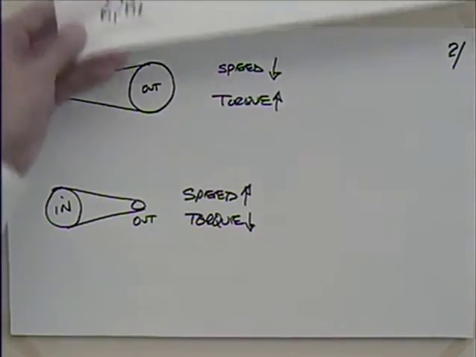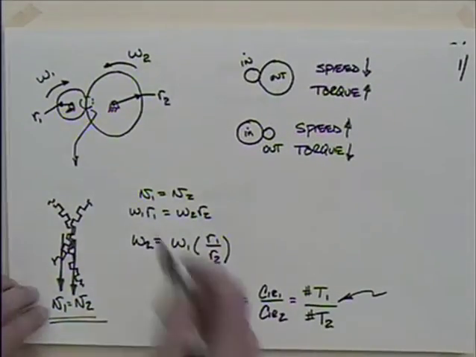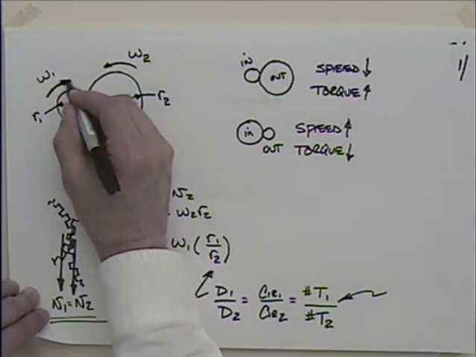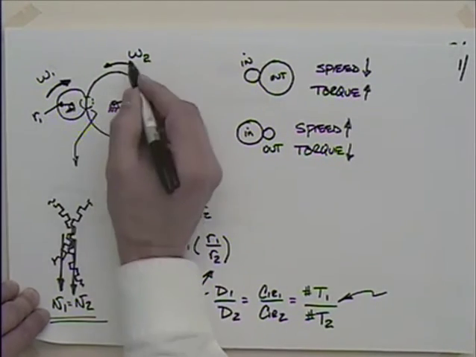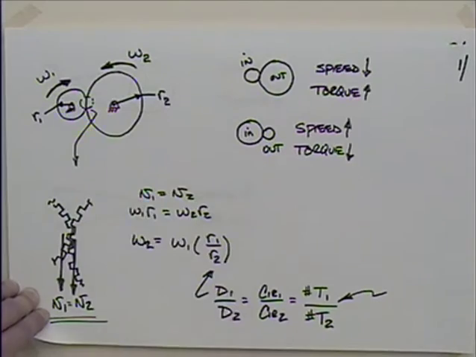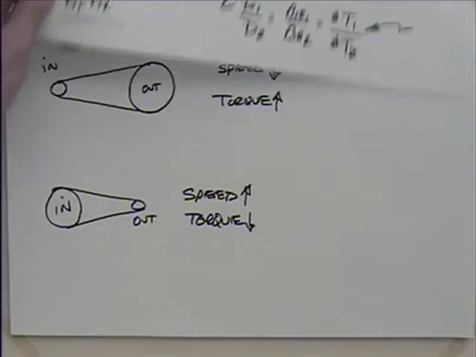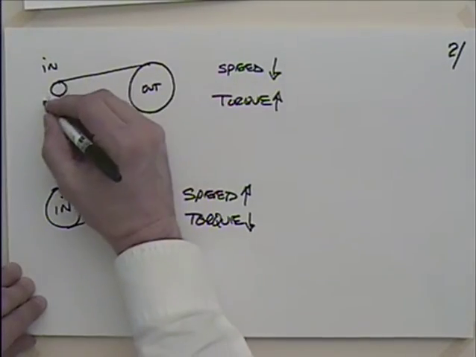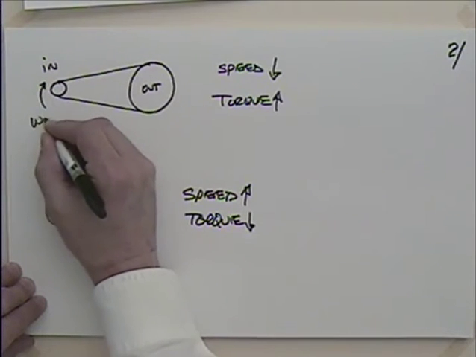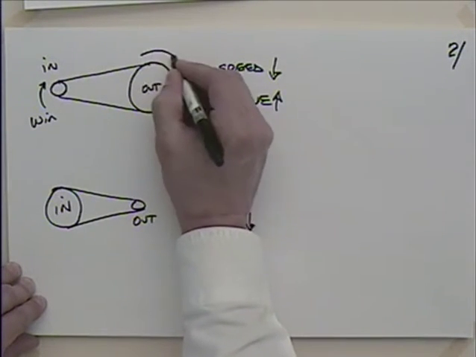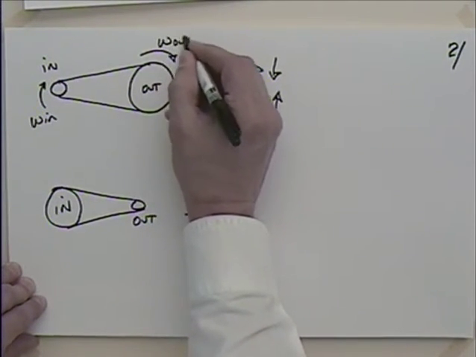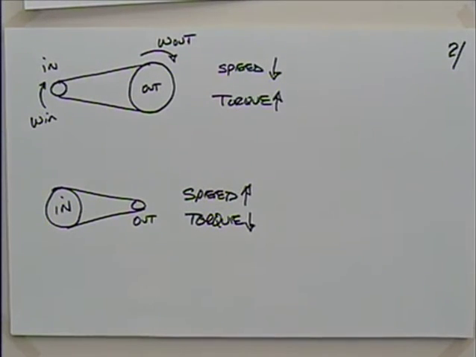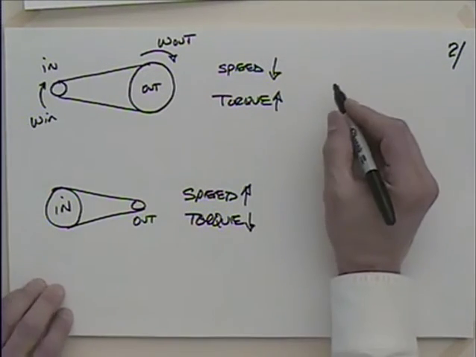One thing a little bit different from the gears is you'll notice we have a direction change in here. If I'm driving in on omega 1 as clockwise, omega 2 you could see would be counterclockwise. Whereas if I have the belt arrangement, this omega here, I could say omega in, and this omega out are really the same direction, aren't they? We could still observe the ratio.